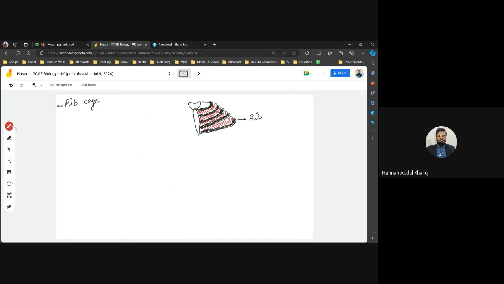This is one side, and then there is another side. I would take a bit of time now again. I would try to be quick so that we may understand things in a better way. Now these are again the ribs.